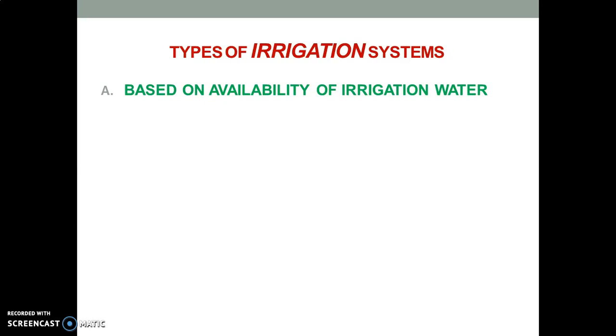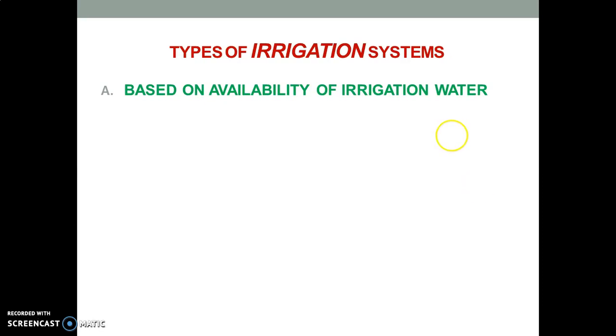Now, the first irrigation system we are going to design based on the availability of irrigation water. That means whether the irrigation water is available on the surface or below the surface, whether we have to transport water from higher elevation to lower elevation or from lower elevation to higher elevation. We have to consider all those factors.